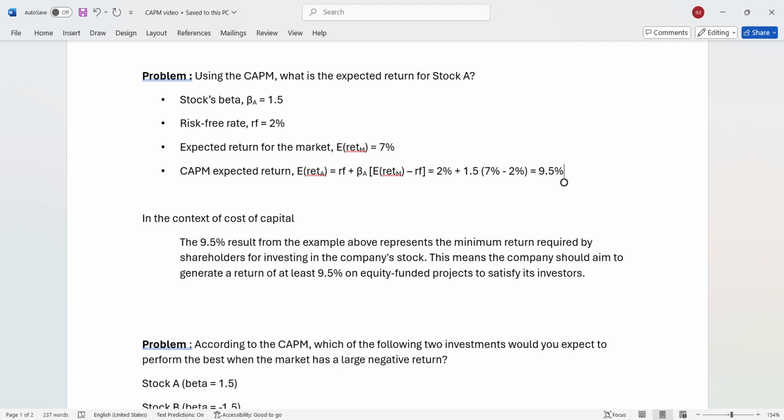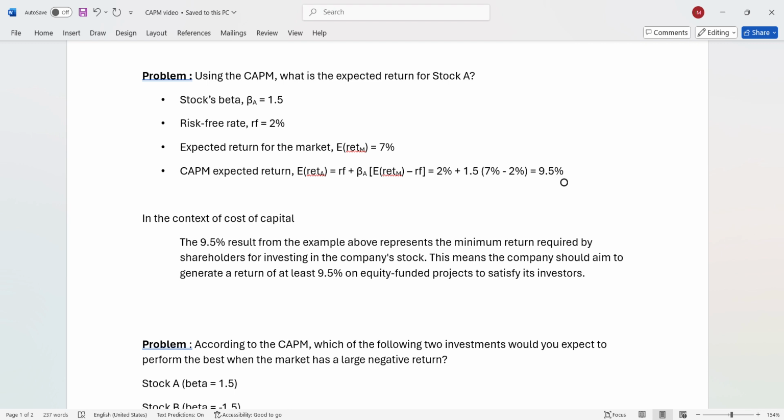So this company should aim to generate a return of at least 9.5% on equity funded projects to satisfy its investors. So once you get the expected return by using the CAPM formula, you have the rate for the cost of equity.